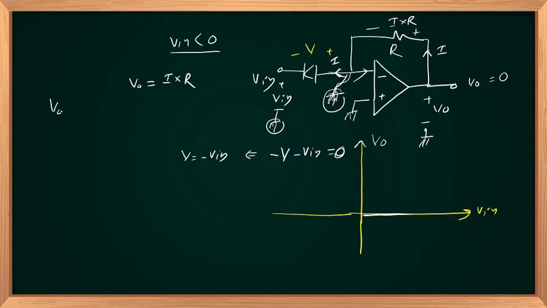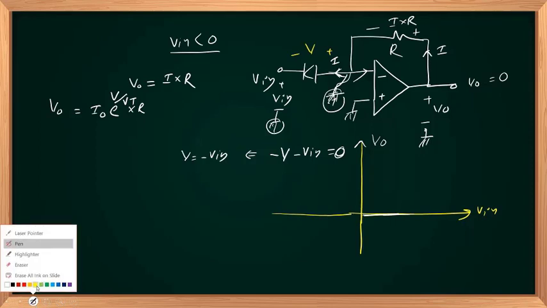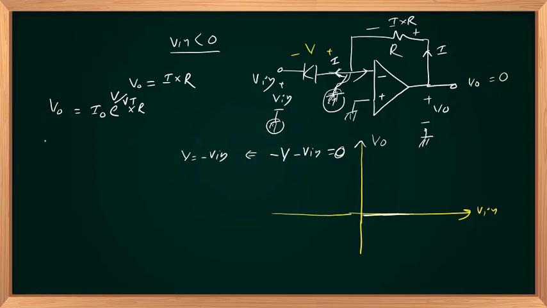So the V out is nothing but I, which is exponentially proportional to V: I naught exponential V by Vt, as we discussed, right? Reverse saturation current we are neglecting, so there is no -1 term here.